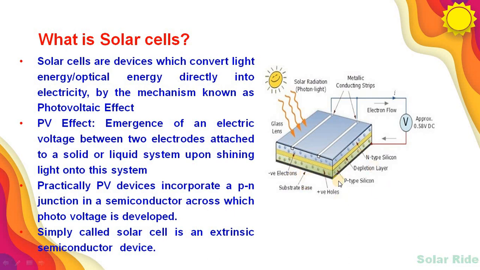This is the basic principle operation figure of a solar cell. In the conversion of light energy into electrical energy, many mechanisms are going on. That's why I am explaining some fundamental topics.